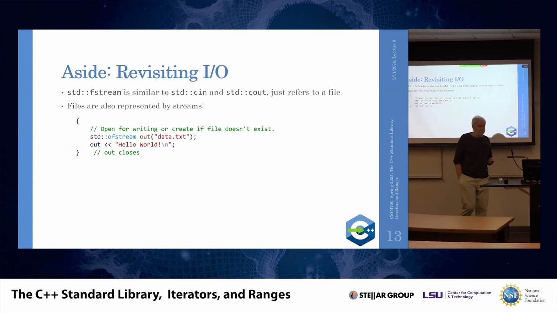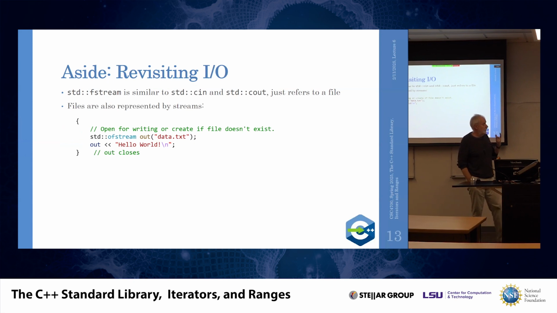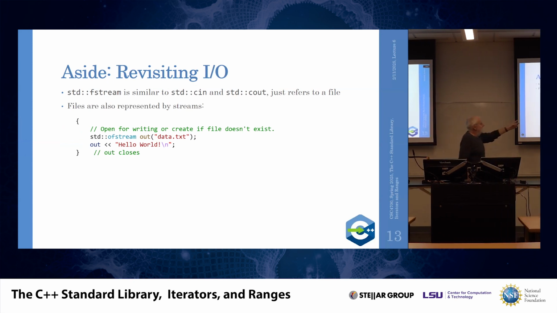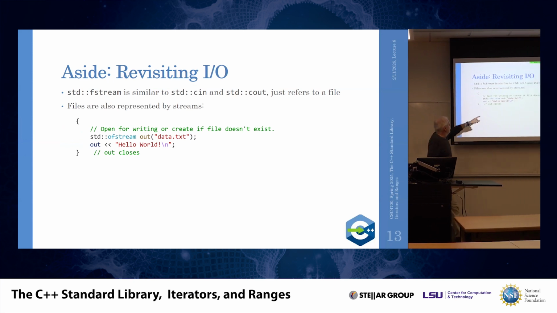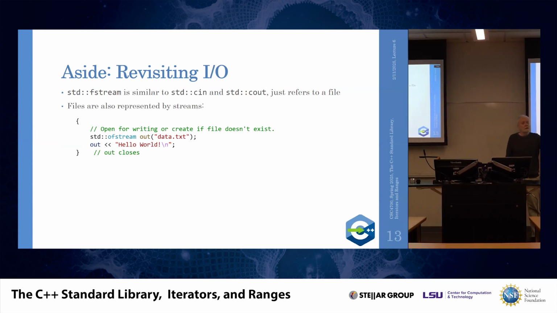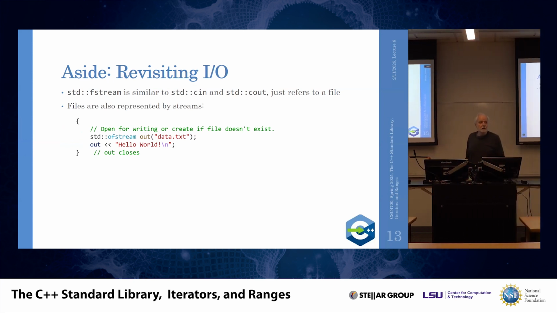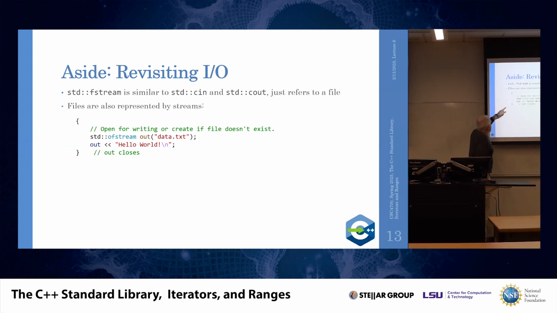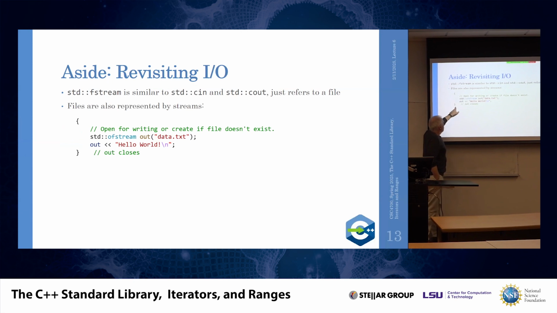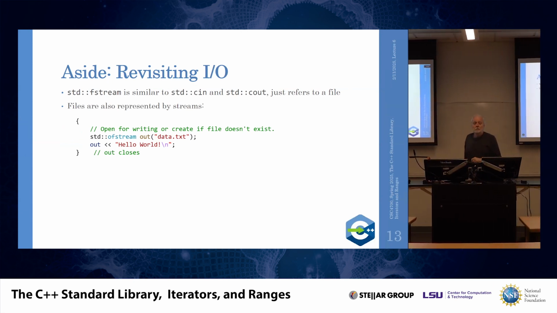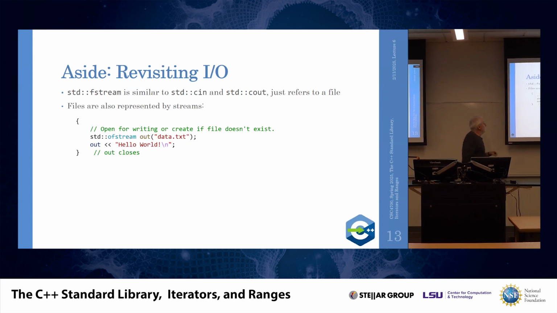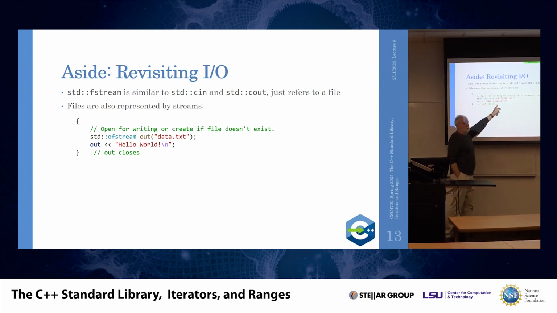The argument used to construct the ofstream is a file name that will be used. So it will open a file for writing, and then I can stream something into that file, and it will be saved in the file. Please note that whenever the ofstream goes out of scope, at the closing brace of its surrounding block, the stream will be automatically closed.